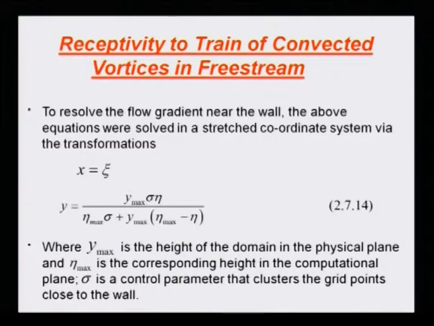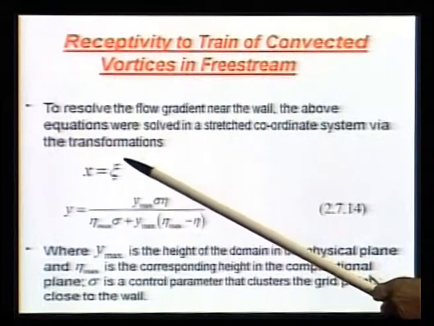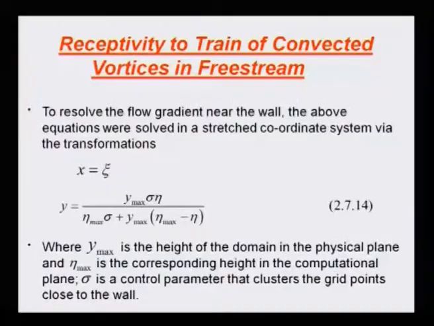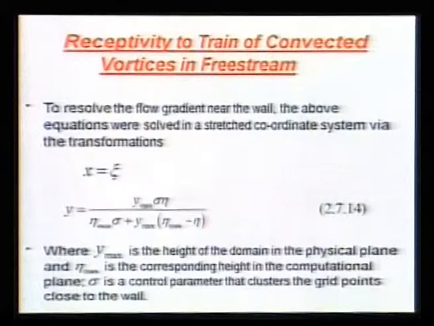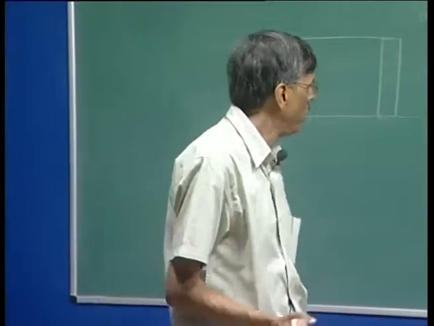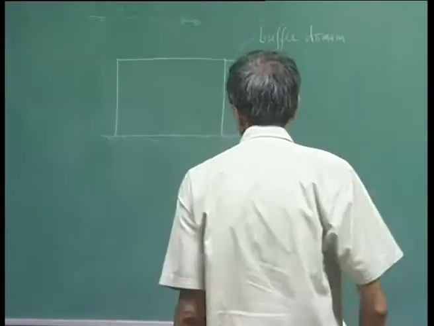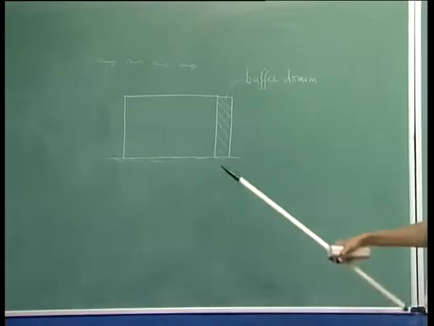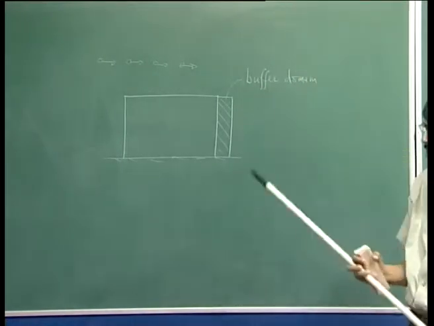So, we will use a transform coordinate xi, which is nothing but the x itself. Whereas, in the wall normal direction, we would resort to some kind of stretching. We are going to take a very limited height, but we are going to stretch it out significantly.